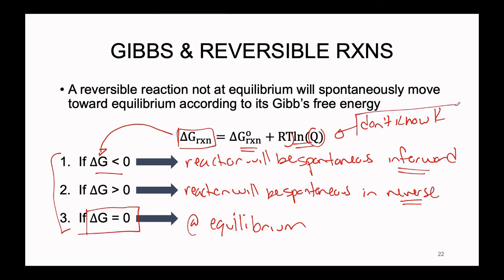You don't know K. But if you do have the means to calculate this Gibbs free energy at standard conditions, you can now calculate the Gibbs free energy for your reversible reaction and use the value, whether it is positive, negative, or equal to 0, to tell you whether your reaction is going to be spontaneously progressing in a given direction, or if it is already at equilibrium.